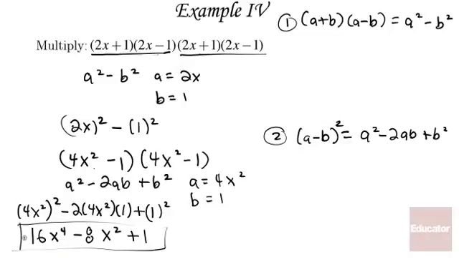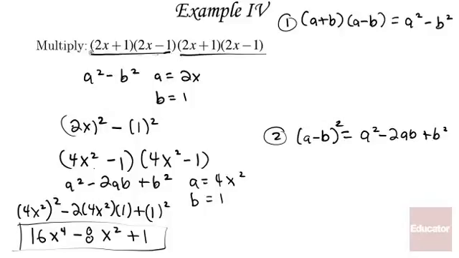So looking at this initially, it looked kind of complicated, but when you broke it down into its parts, I had a formula for this first section, a squared minus b squared, recognizing that this is the difference of two squares. And I applied that formula to come up with 2x squared minus 1 squared, or 4x squared minus 1.